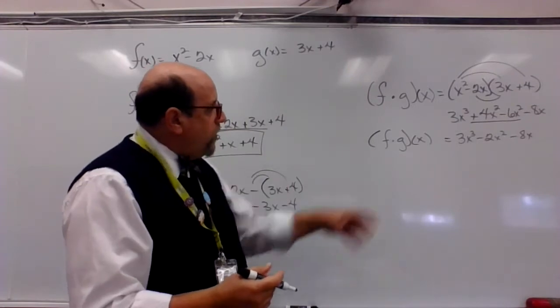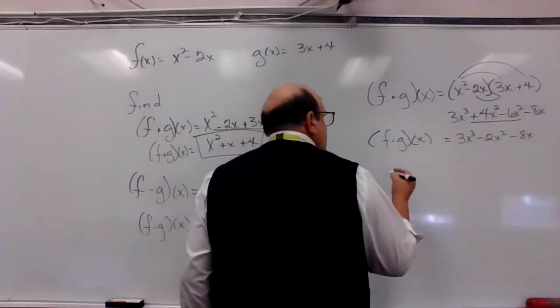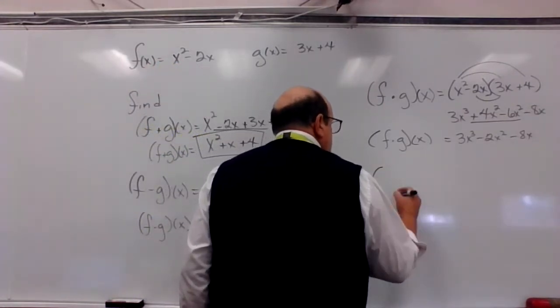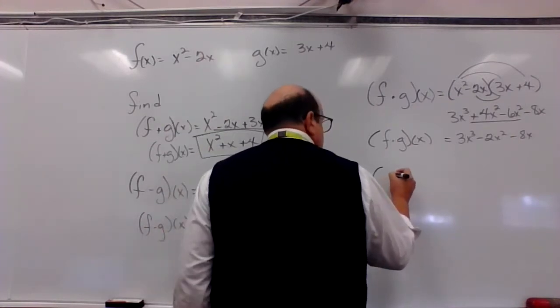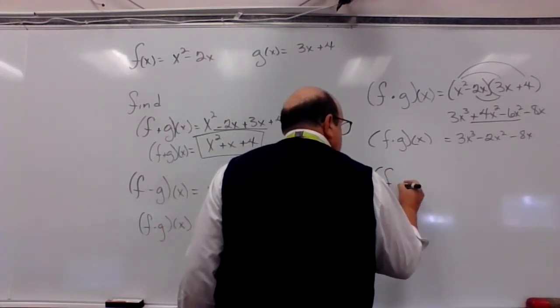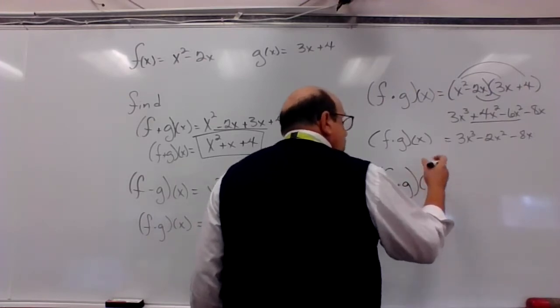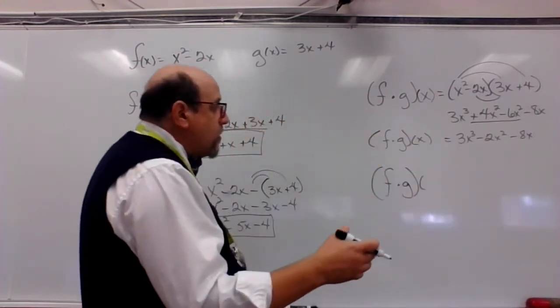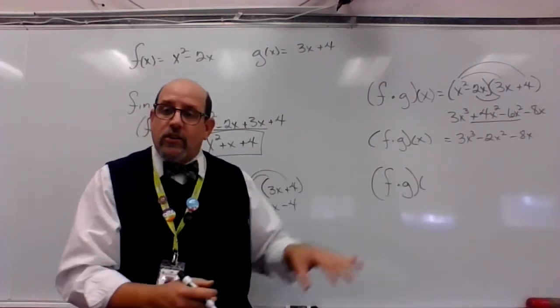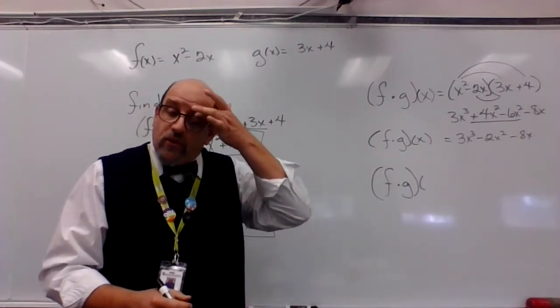So I'm going to say, with these same functions, f times g of x would have been of x, but now I'm going to put in a value that we want to input for x.